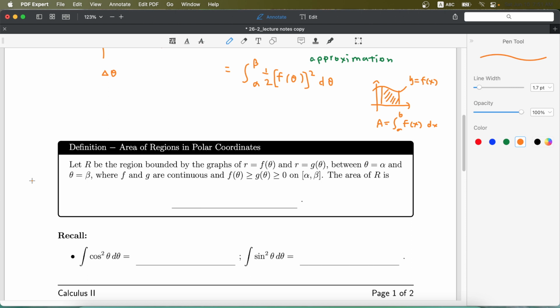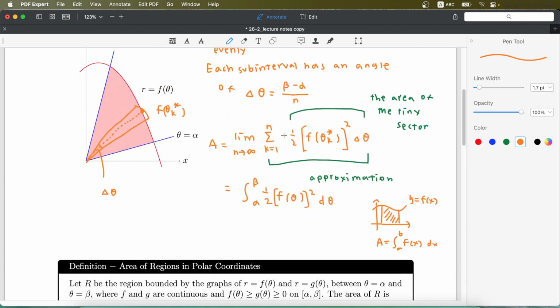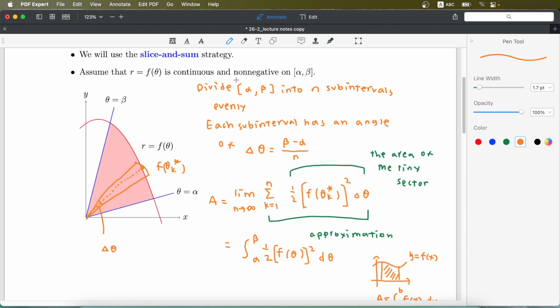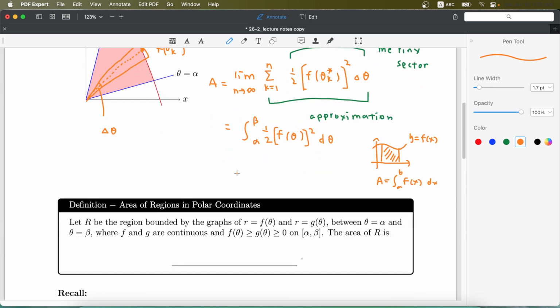And f of theta is greater than or equal to g of theta, and greater than or equal to 0 on this interval. So f of theta and g of theta are both non-negative, and you can see that f of theta is greater than or equal to g of theta.